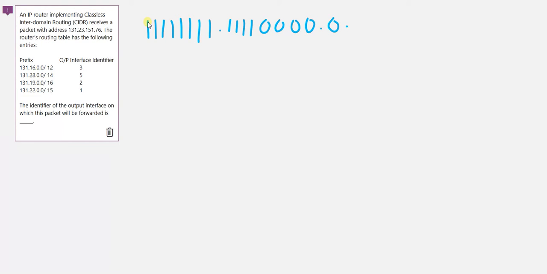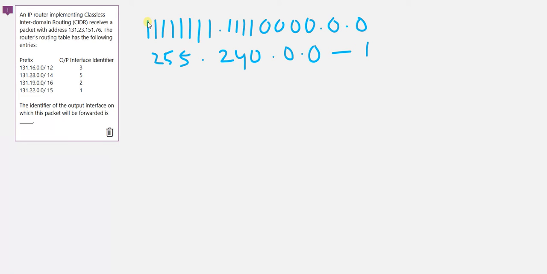The first byte is 255, the second is 240, then 0 and 0. So the subnet mask for interface 3 is 255.240.0.0.